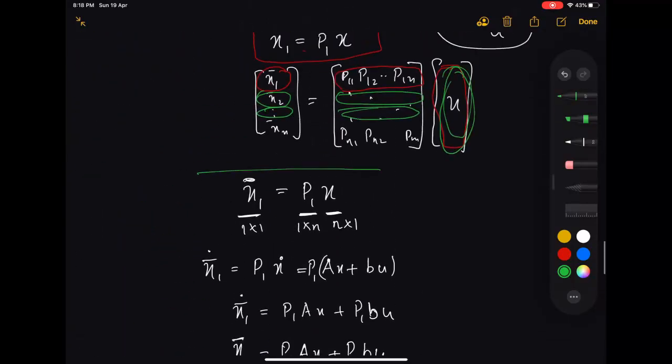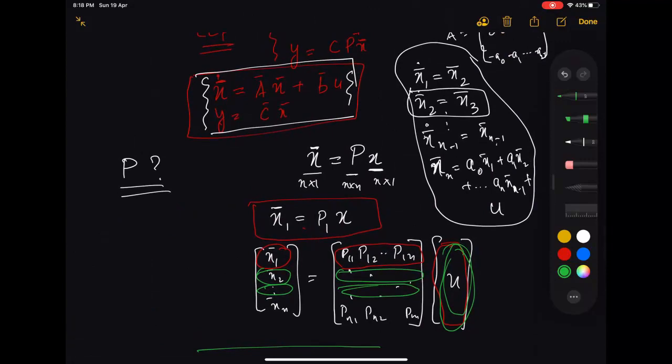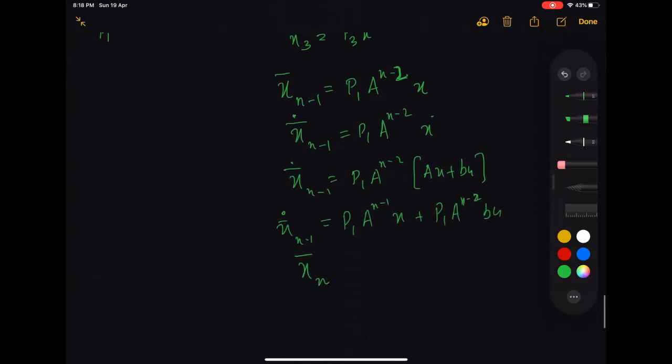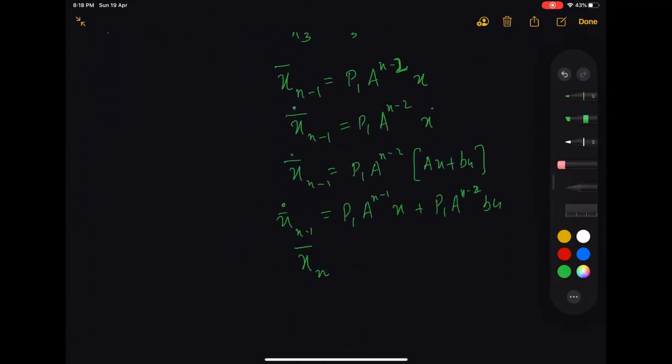We have written this here. We had to write xn here. So this is equal to xn, because x2 bar is x3, so xn minus 1 bar dot would be xn. So you can write xn is equal to p1 a to the power n minus 1 x, and this term has to be 0 because xn bar should only be a linear combination of x's.